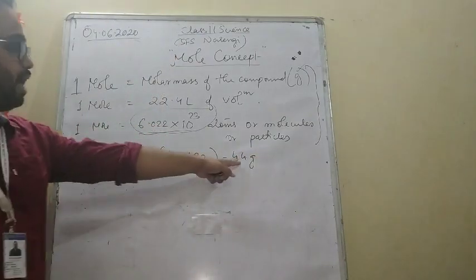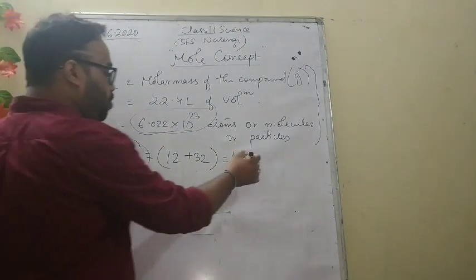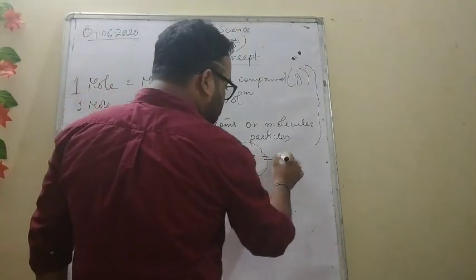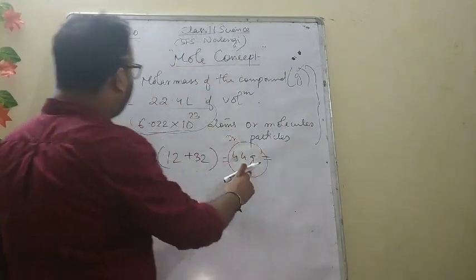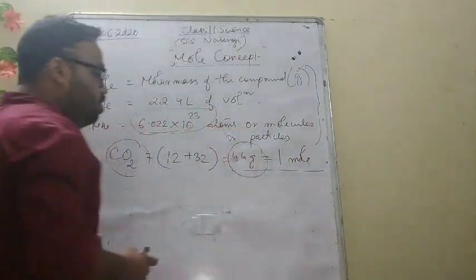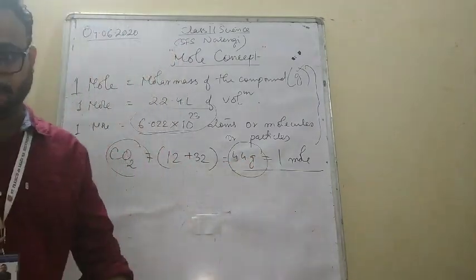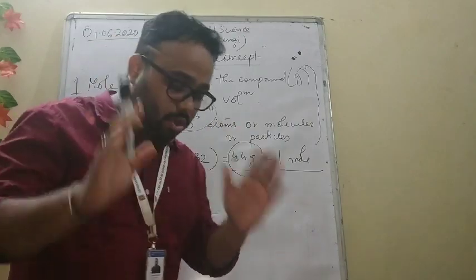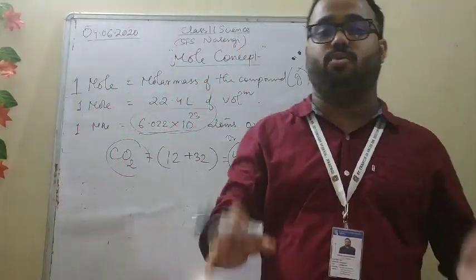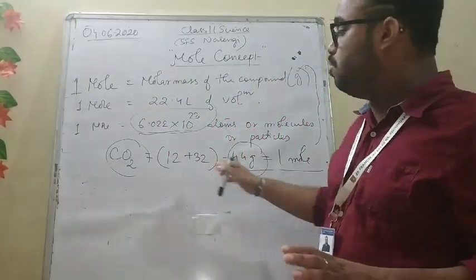So 44 gram is the molar mass of carbon dioxide. 44 gram of carbon dioxide means 1 mole. Okay, means the molar mass of any compound is equal to 1 mole.